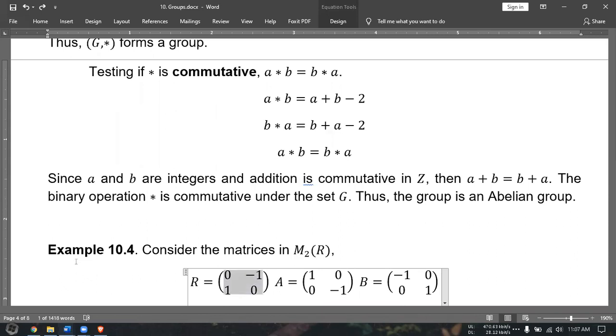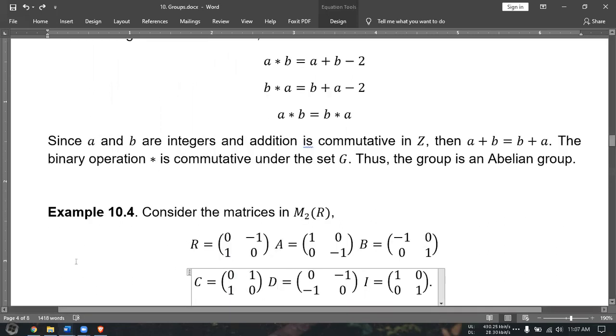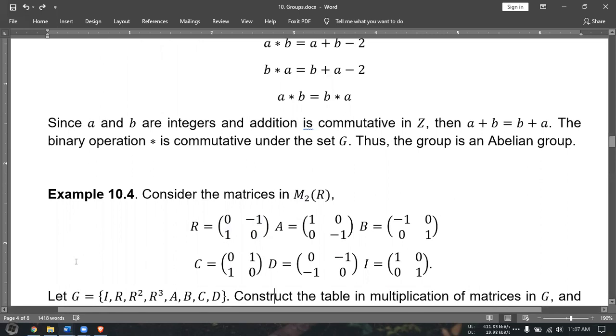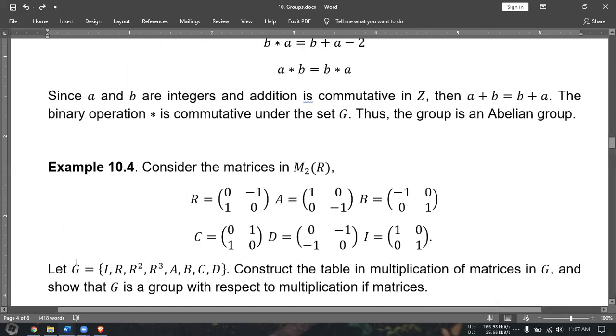We have these matrices: I, R, R squared, R cubed, A, B, C, D as the elements of our group G. Now construct the table of multiplication of matrices in G and show that G is a group with respect to multiplication of matrices.